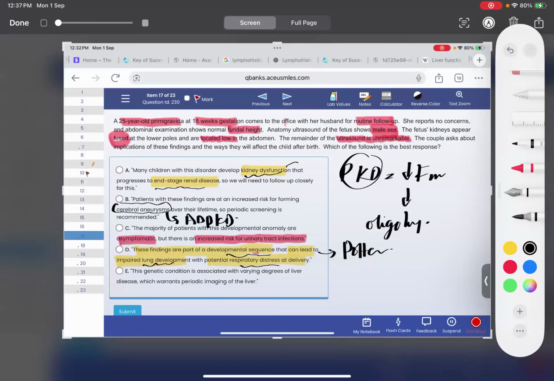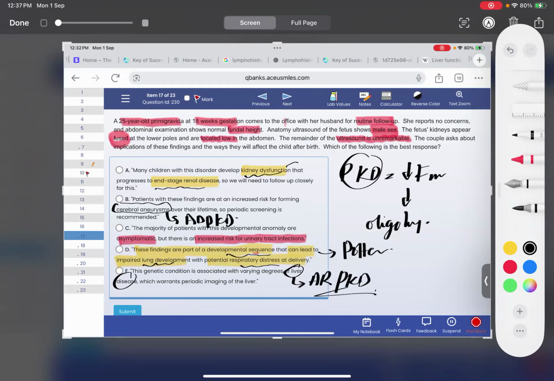And varying liver disease: this genetic condition is associated with varying liver disease. Liver disease is also associated with autosomal recessive polycystic kidney disease, which causes hepatic cysts and fibrosis.